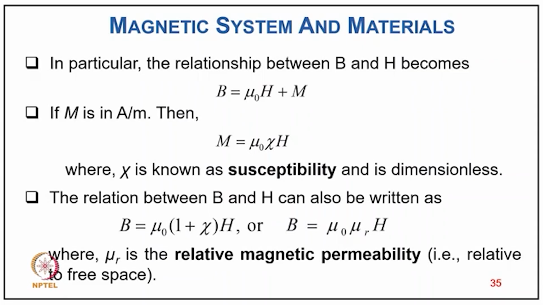So the relation between B and H can also be written as B equal to mu 0 times 1 plus X into H, or B equal to mu 0 mu R H, where mu R is the relative permeability, that is, relative to free space.